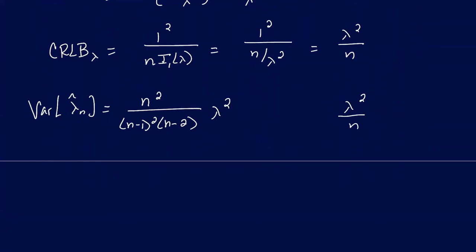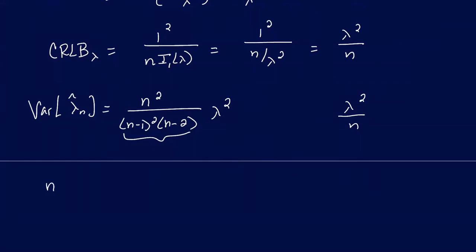Obviously they both have a lambda squared, so we just want to look at the coefficients. If you want to start writing out a polynomial and figuring out whether or not this is greater than or equal to 1 over n, that's fine. Otherwise, I think I might just look at this for a couple of values of n. When n is 1, the left side is, oh, that's not good. Remember, we did say that n had to be greater than or equal to 3.